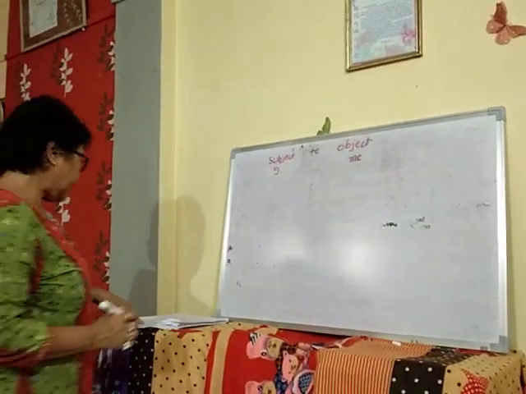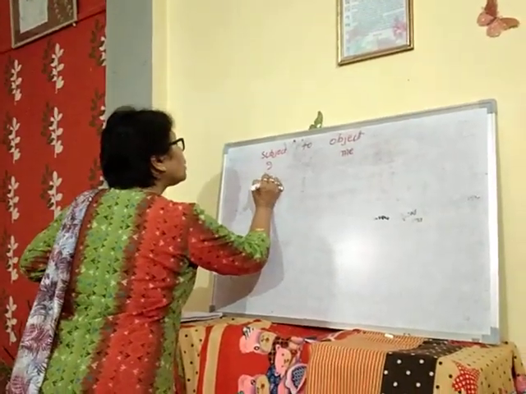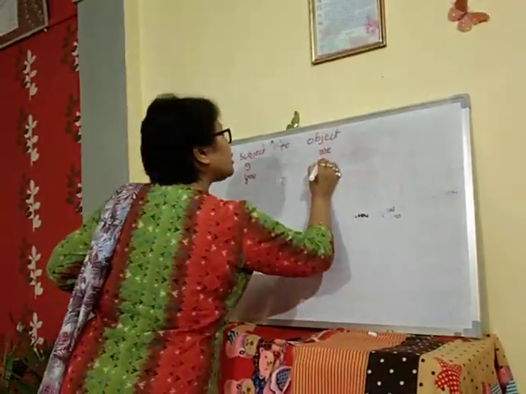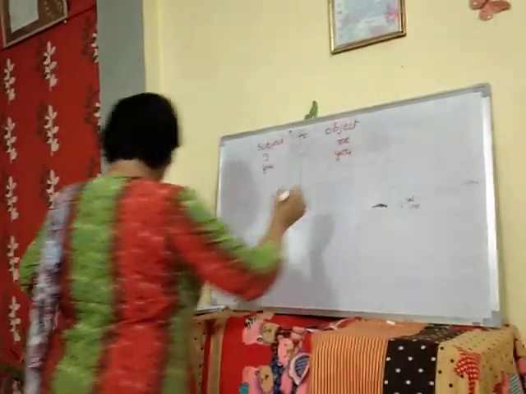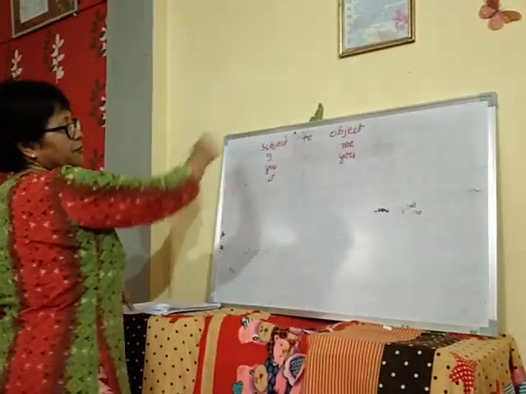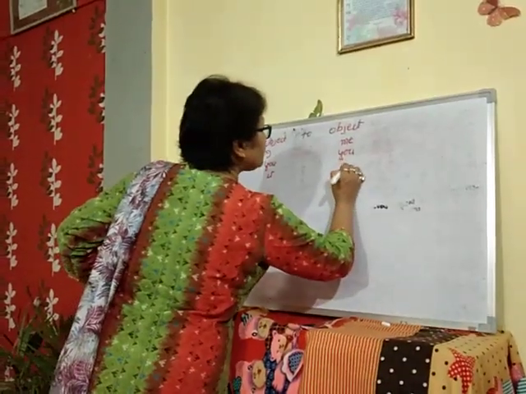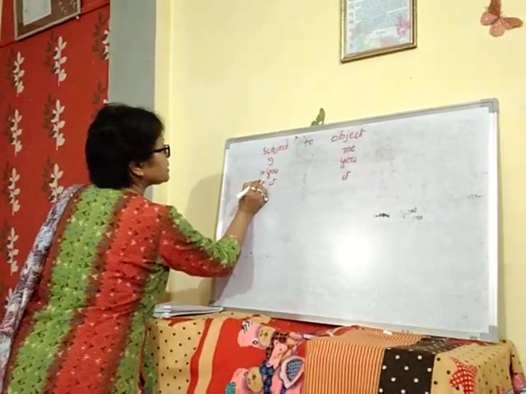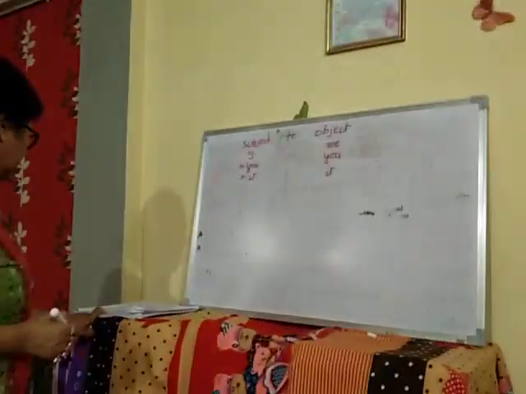Then next, you. If you change you to object, it will be the same, you. Then again, it, subject. If you change it to object, it will also be it. So put a star mark here that these do not change.